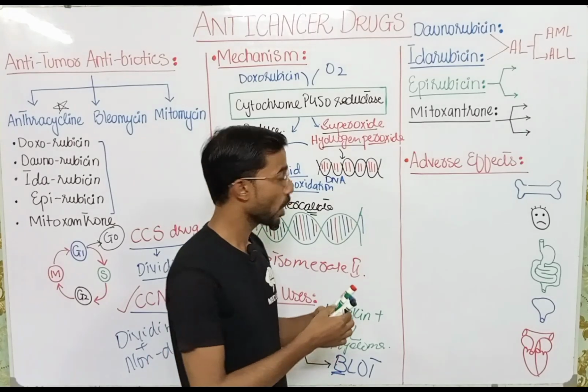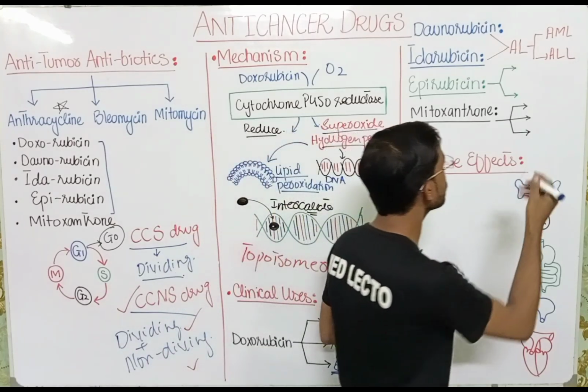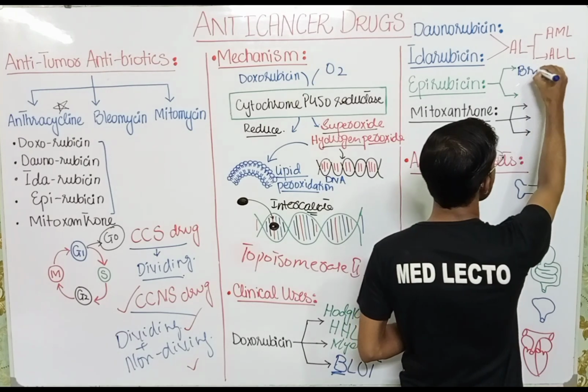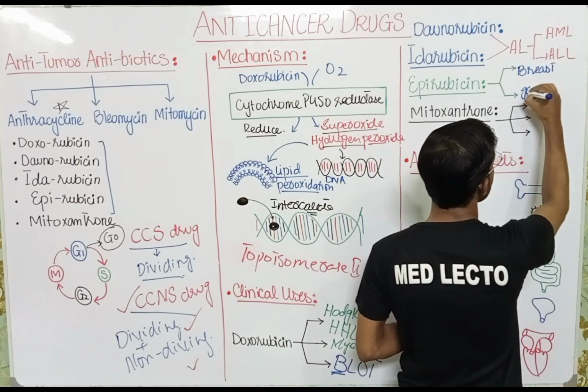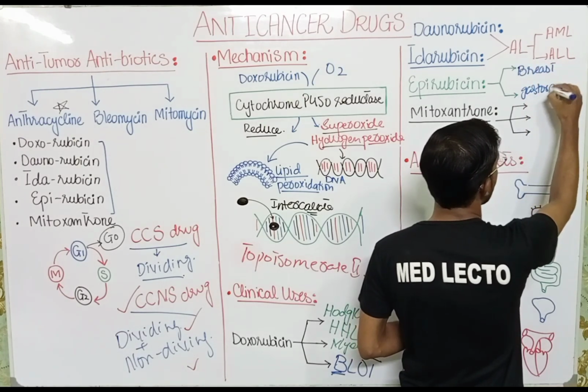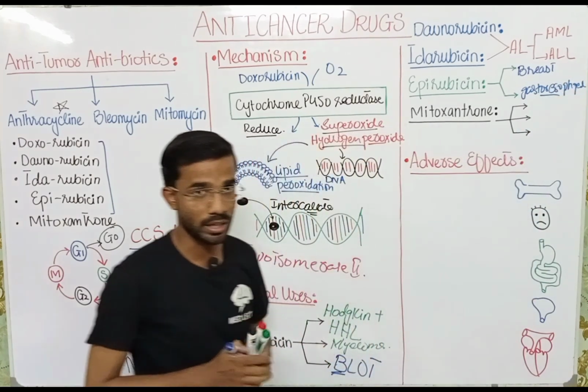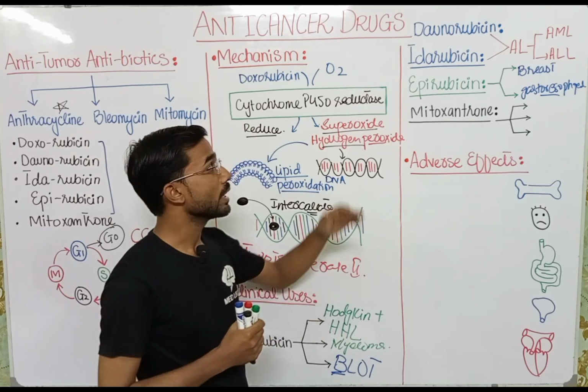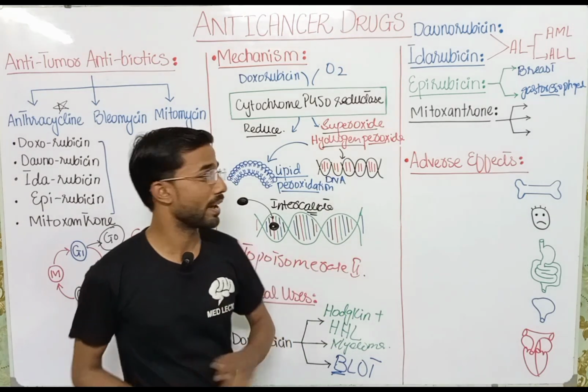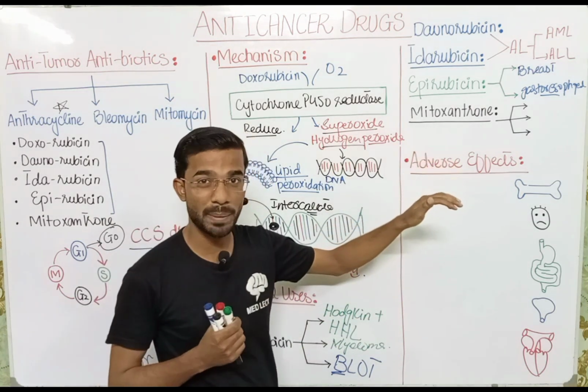Next is epirubicin. This drug is actually used in breast cancer and gastroesophageal cancer. So these are the two most important cancers. No doubt these are used in other cancers as well, but these are most specific.